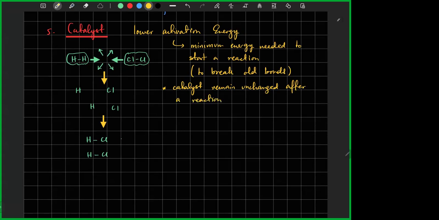So this is how you're going to phrase your answer. What does the catalyst do? It speeds up the reaction. How does it do that? It speeds up the reaction by lowering the activation energy, EA.